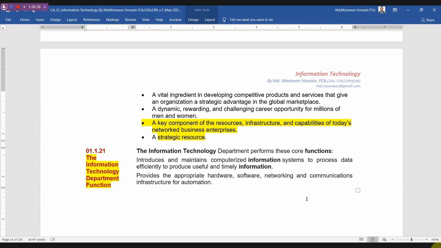So what is this saying? The IT department's main function is to introduce and maintain computerized information systems to process data efficiently and effectively to produce useful and timely information, and to provide the appropriate hardware, software, network, and communication infrastructure for achieving the business goal. Okay, so we can say this is the IT department.